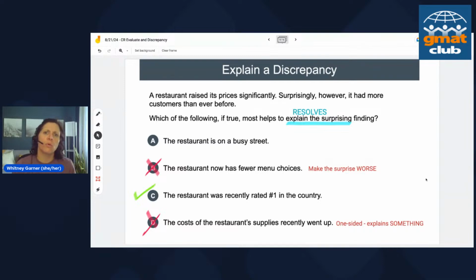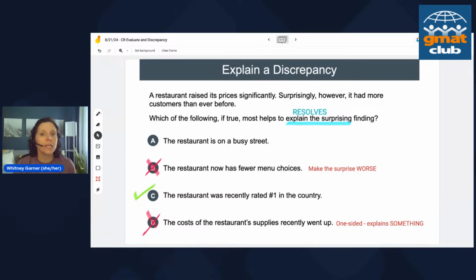Sometimes people will pick this because they read explain the surprise as enhance the surprise, make the surprise even worse. If the restaurant now has fewer menu choices, I would think a combination of, as price goes up, demand goes down. But also, if you limit my options, I'm not sure that's going to make me happier generally. Maybe, but not in a direct sort of way. And so B is also wrong.